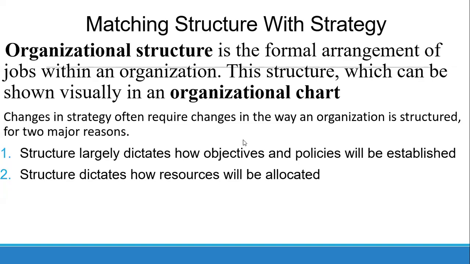The bottom line is that it is within the structure that the key players are going to act to implement and pursue the strategy. So if the structure is going west and the strategy requires it to go north, then you can imagine the role confusion and role conflict that may emanate. So as much as possible, you have to be ready to match the two and see an alignment before you proceed.